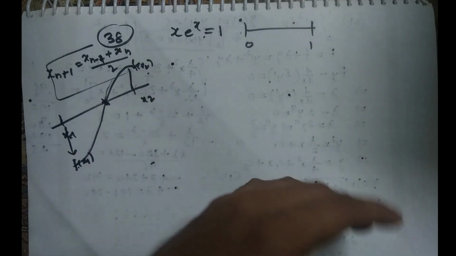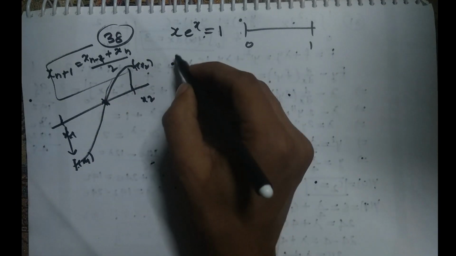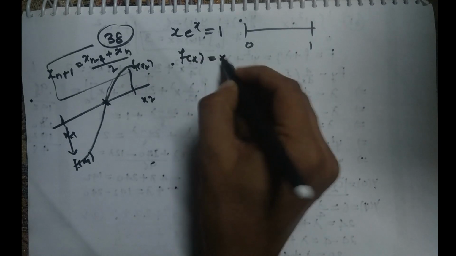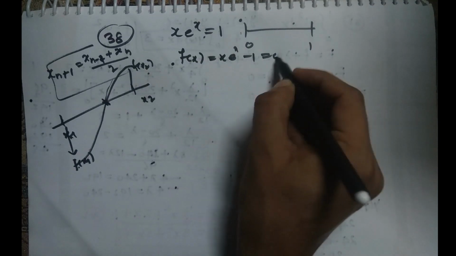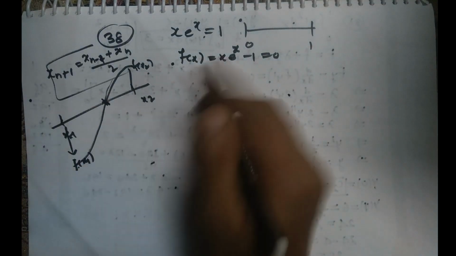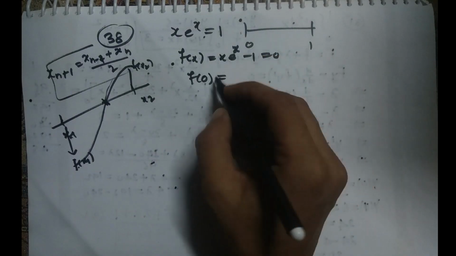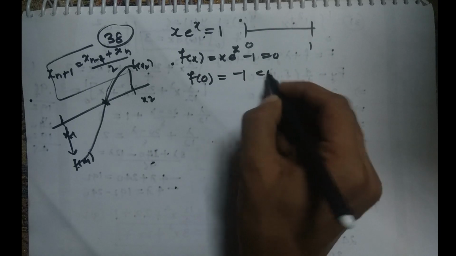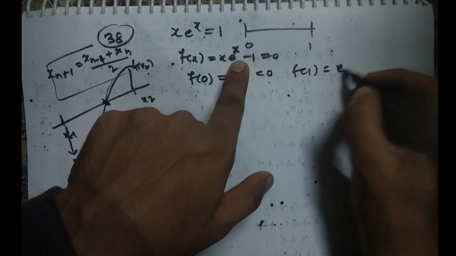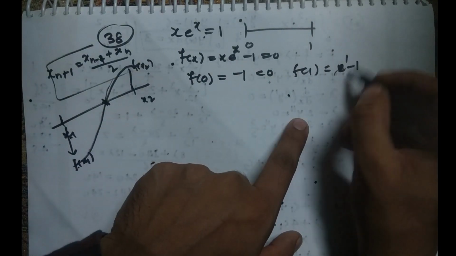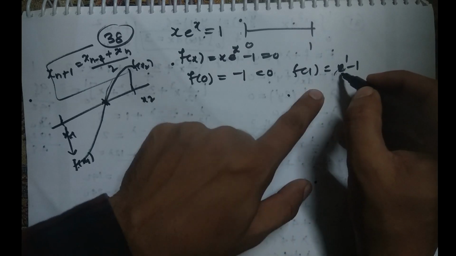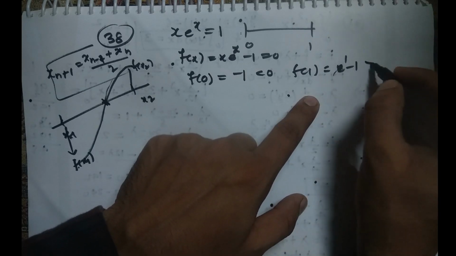So if I try to construct this in terms of a function, my f(x) will be x e raised to x minus 1 equals 0. Let's try to find the image at both the points 0 and 1. f of 0 will be minus 1, which is negative, and f of 1 will be e raised to 1 minus 1. If you look at the value of e, which is nothing but 2.7 something, it's going to be positive.